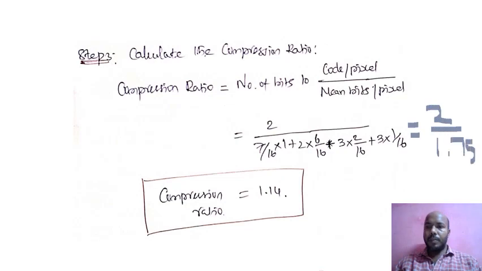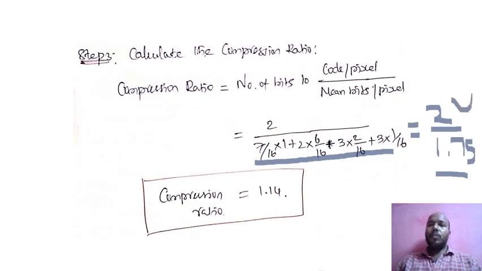Okay. So what is the meaning: the numerator represents data using fixed code word length. So we need 2 bits to represent these 4 symbols. But if you are using Huffman coding, this denominator represents the average number of bits per code. It is 1.75.